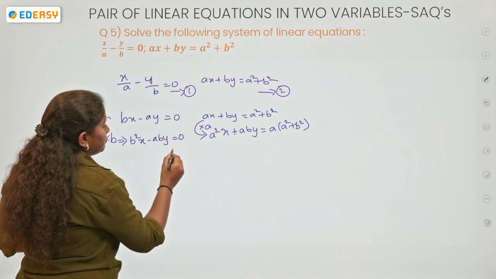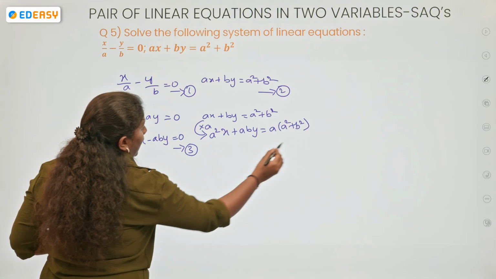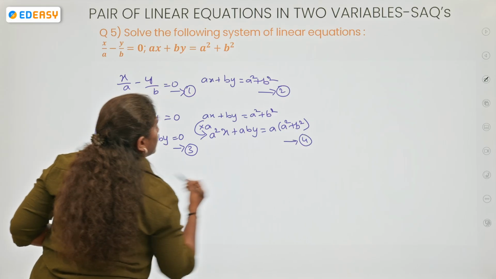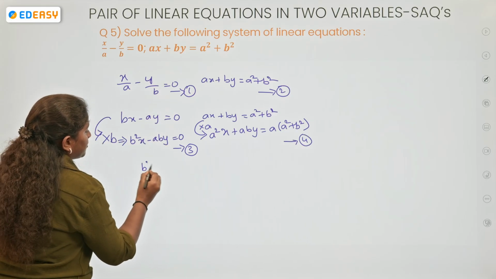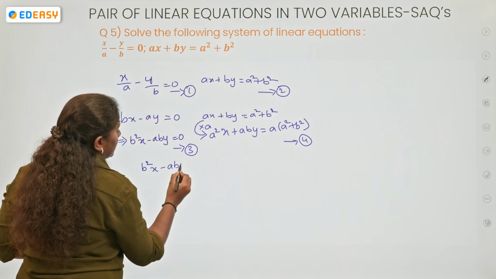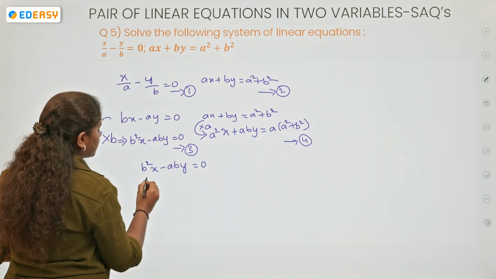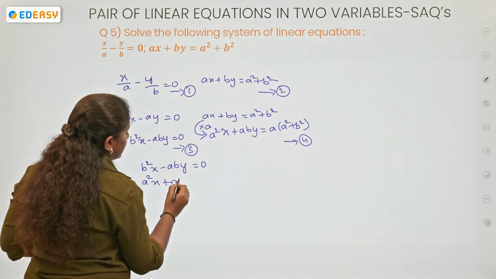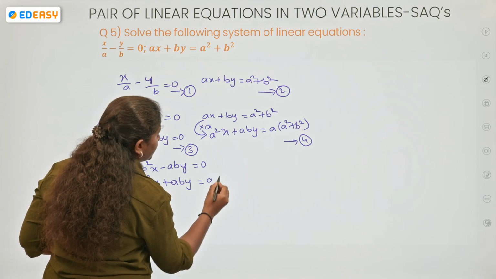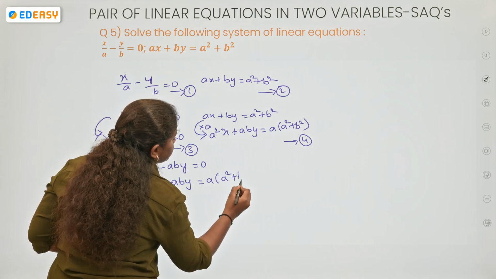Now, moving to the next. Let's solve them. This is your equation 3 and equation 4. b square x minus aby equals 0 and a square x plus aby equals a into (a square plus b square).